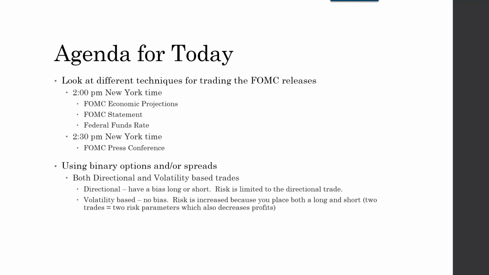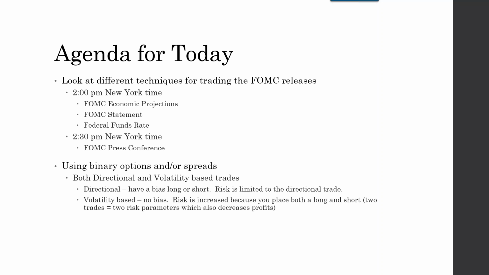Now, if you have a volatility-based trade, that means you don't have a bias. You just say, hey, I don't know what the market's going to do, so I'm going to do both a long and a short. You will give up some profits when you do that, because you're taking on risk on two different trades, a long and a short. So you've got two risks, and more likely than not, only one will actually make profit.